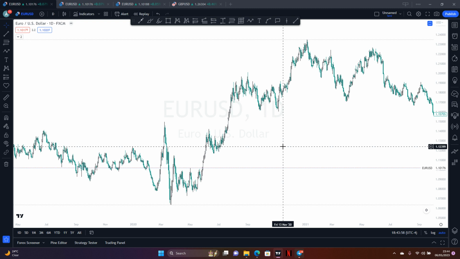Of course, higher time frame market structure is stronger than lower time frame market structure. If we are in a downtrend, you do not expect a 15 minutes demand zone to take out a 4 hours supply zone. It doesn't happen that way.